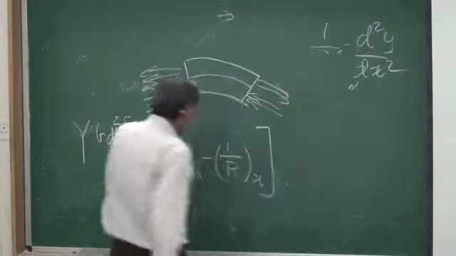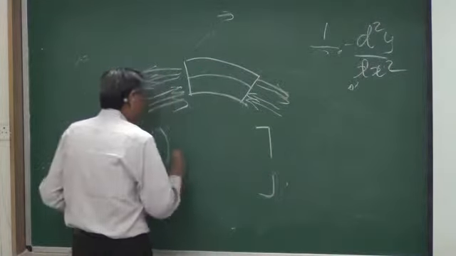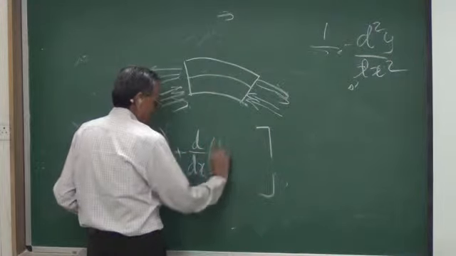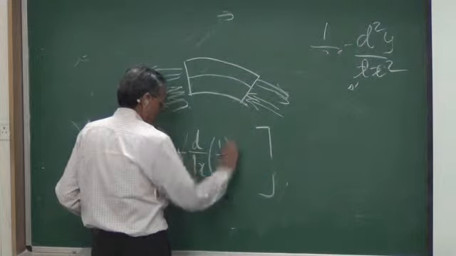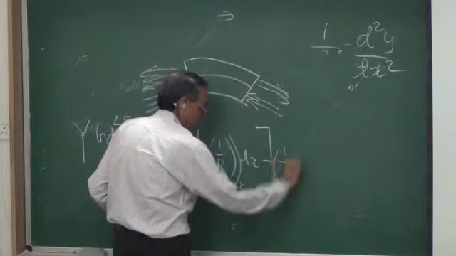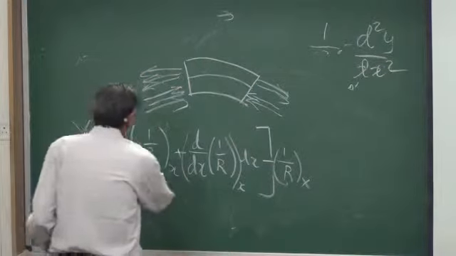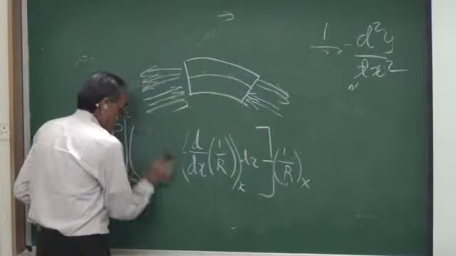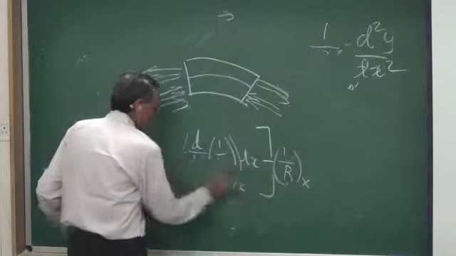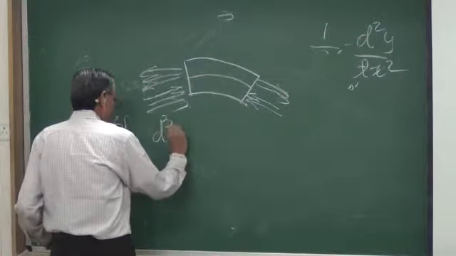You can write 1 by R at x plus dx as 1 by R at x plus d by dx of 1 by R into dx, minus 1 by R at x. So you see that 1 by R at x will cancel out. 1 by R is d square y by dx square. d by dx of d square y by dx square is d cube y by dx cube.